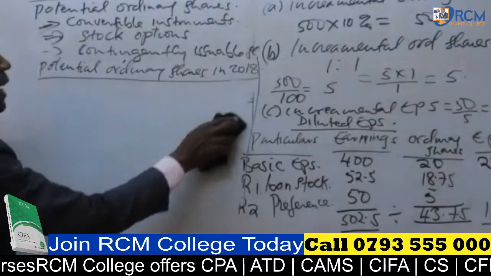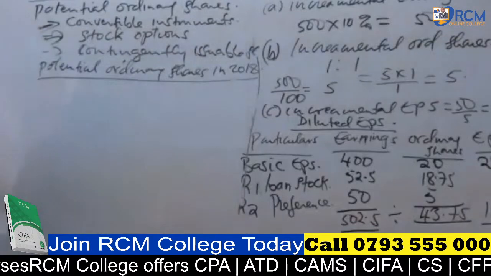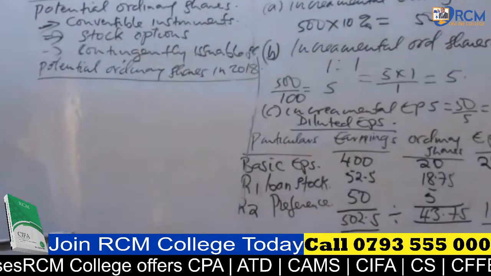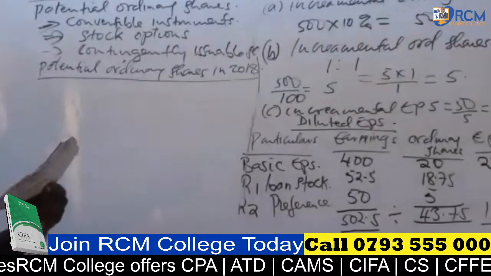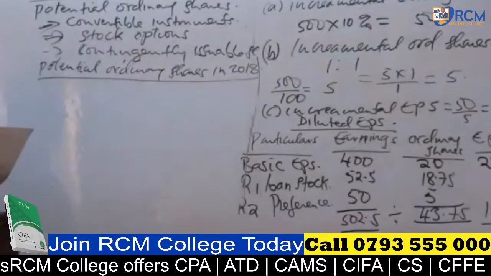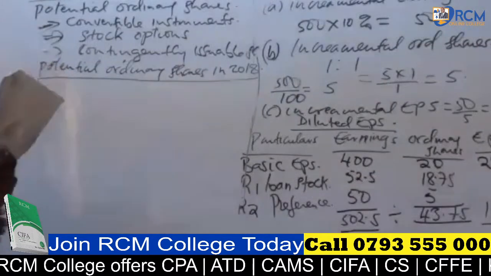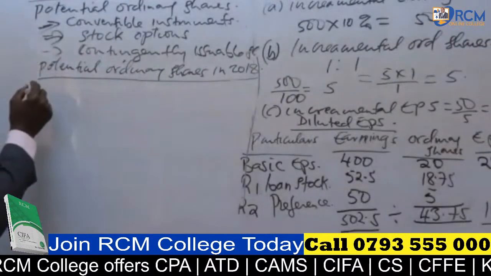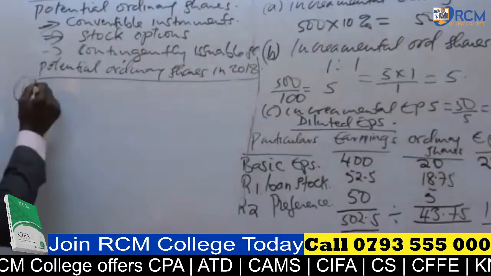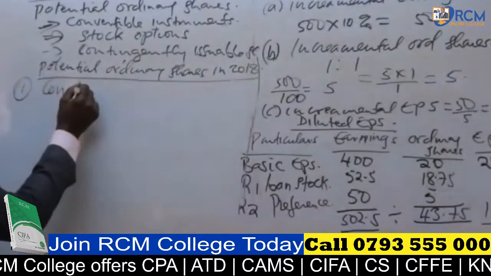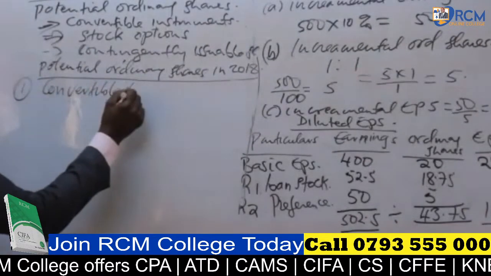Therefore, I believe here you are going to get the concept in 2018. What are our potential ordinary shares in 2018? Remember, in note number 2, still we have convertible loan stock. Our potential ordinary share number 1 is convertible loan stock.